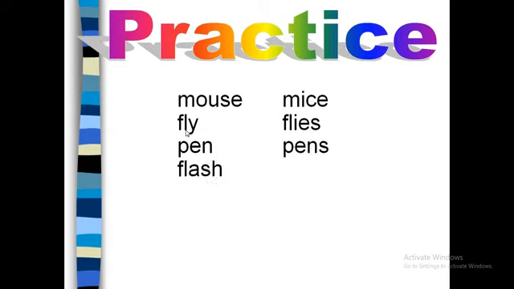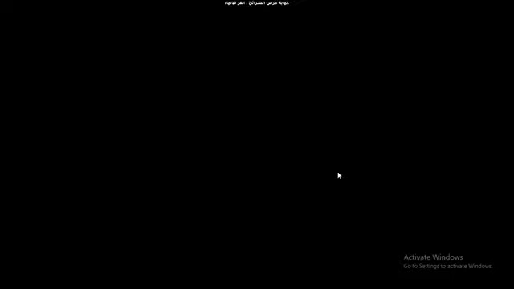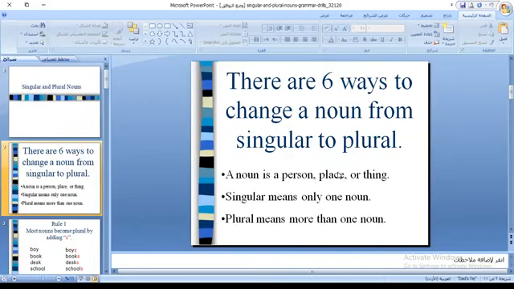Now, flash ends with SH. So we add ES. Okay. Rice, rice. Keep the same. Life, FE, lives.